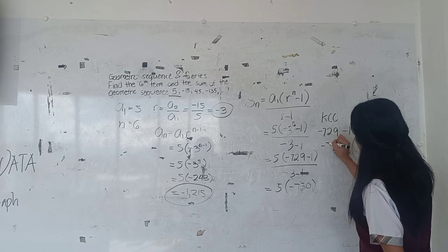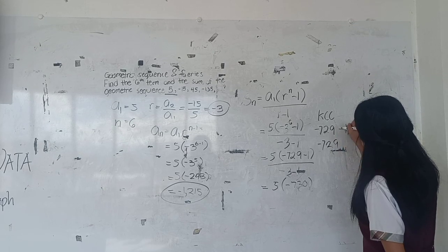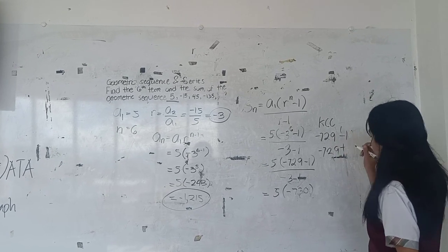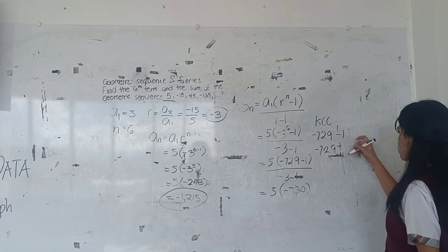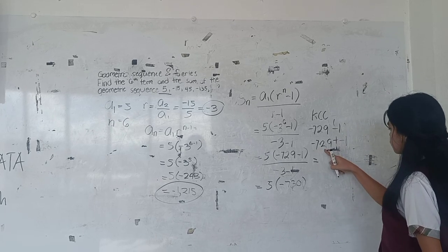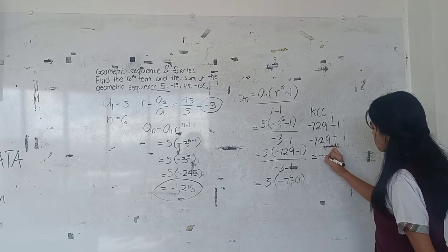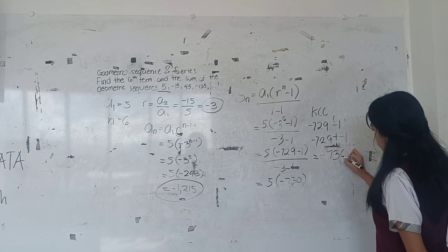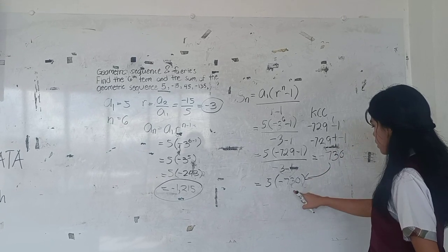Keep, change, change: make it negative 1. So it equals negative 729 plus negative 1, which is negative 730. That's how we get this.